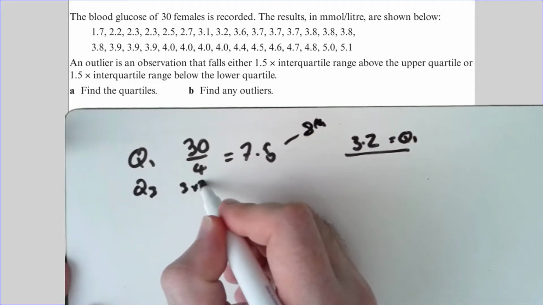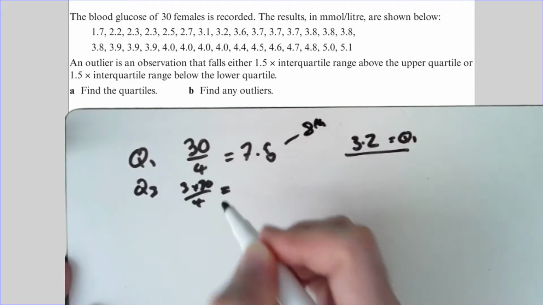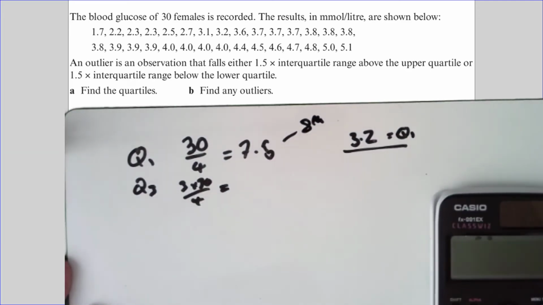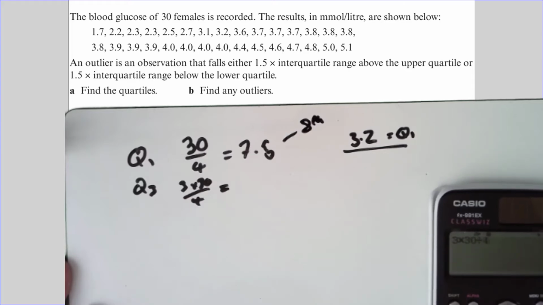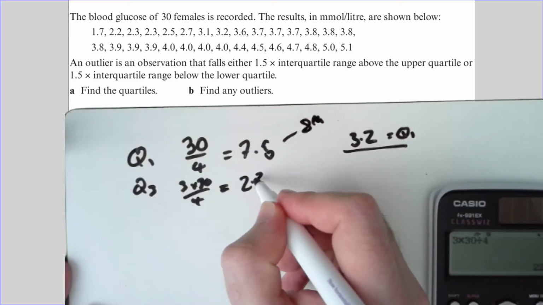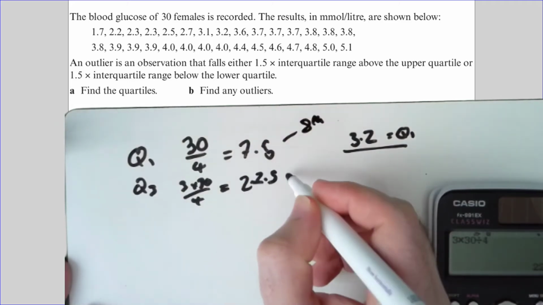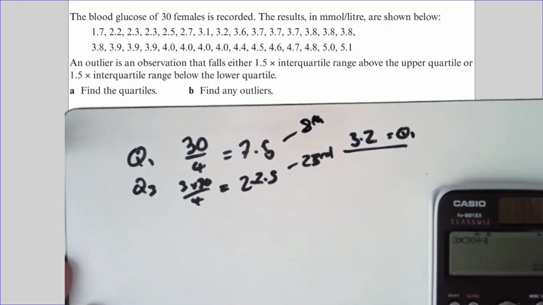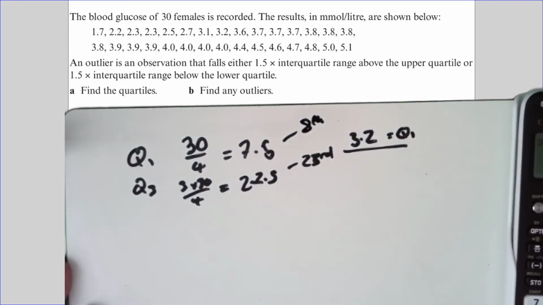We're going to do exactly the same thing for Q3. This is 3 times 30 over 4, which gives us, let's grab a calculator, 3 times 30 divided by 4, which comes out to be 22.5. So we're going to use the 23rd thing.